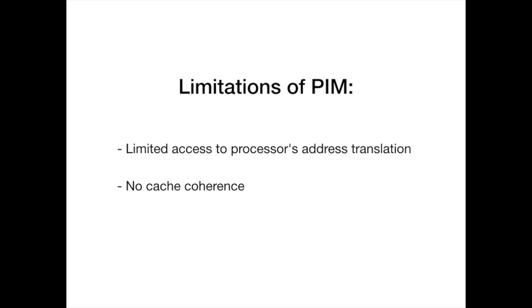And that's one thing that in-mem-proc attempts to address. The other limitation is that of cache coherence mechanisms. We need to maintain coherence between the main memory and the processor cache, but not at the expense of frequent communication between the two. We're trying to minimize that as much as possible. So that's where lazy PIM comes in.